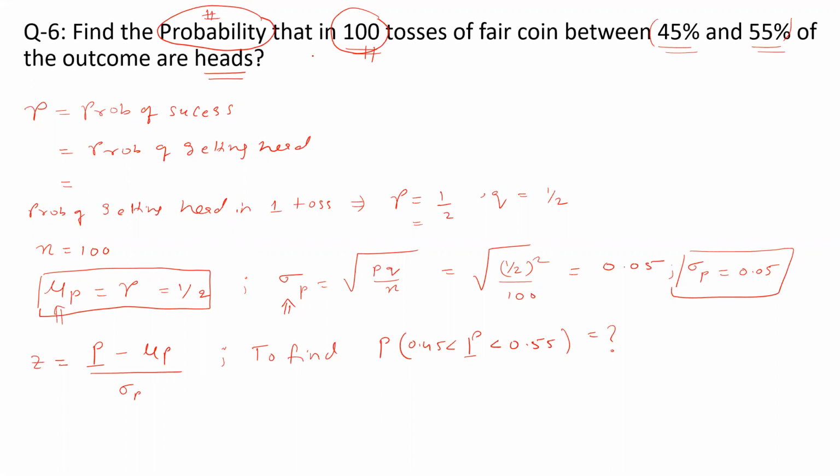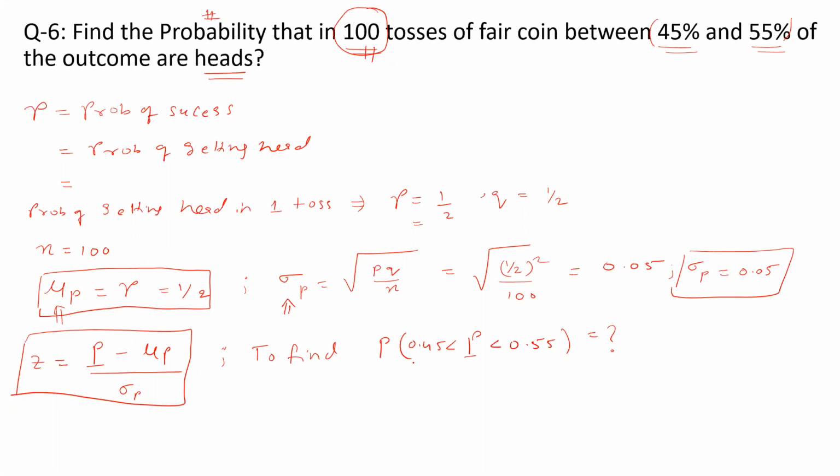And we know that by the central limit theorem, because your sample size is more than 30, this distribution will fall in the category of normal distribution. That is the reason I have taken the standard normal variate in this case.